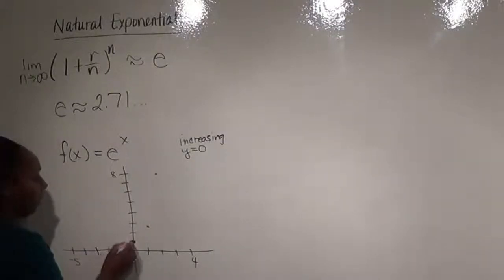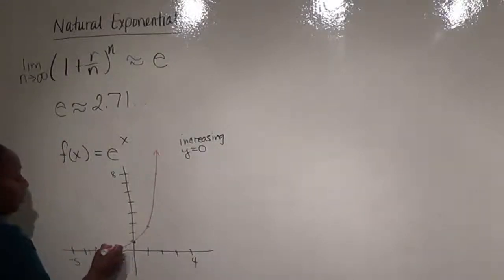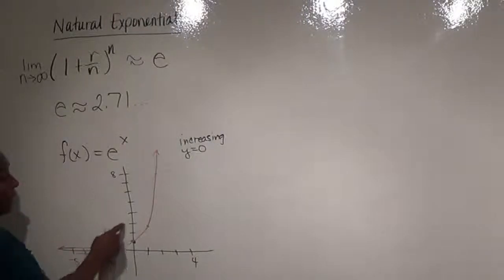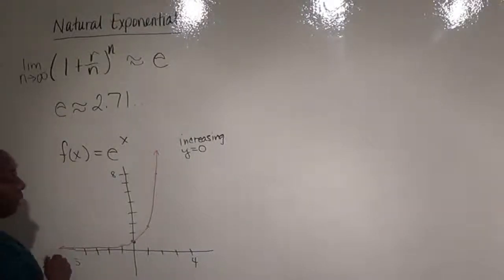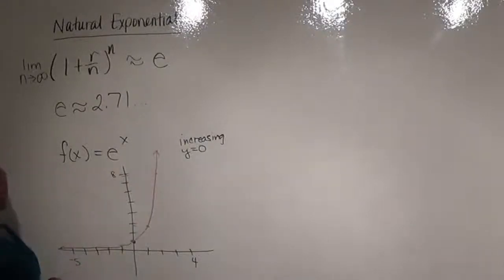But there we can see it's still a basic exponential increasing to the right, going to 0 to the left. The only difference, again, is the values that we're looking at in between. They don't turn out to be perfect integer values.